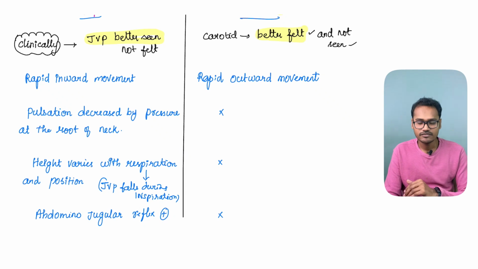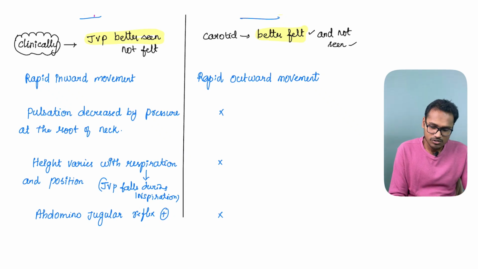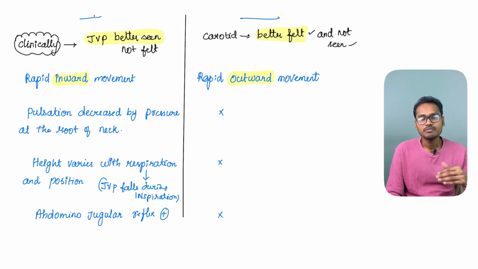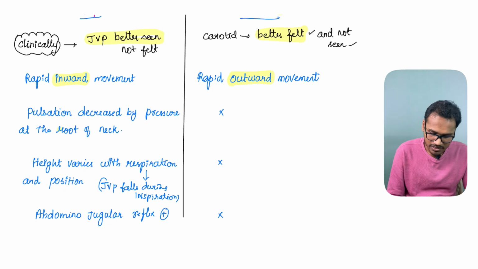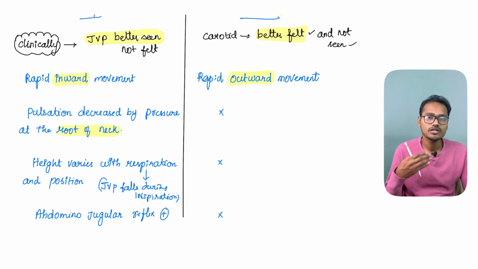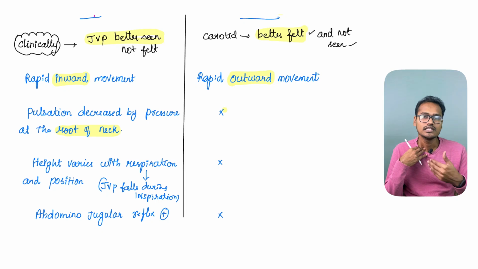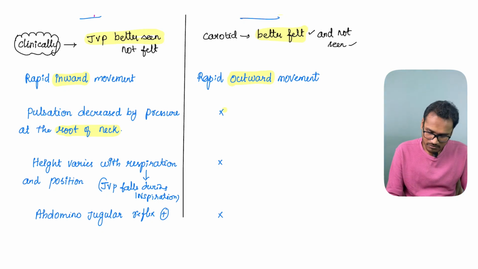And there are some other differences like the JVP shows an inward type of movement, rapid inward movement, whereas the carotid shows outward movement. And the pulsation decreases by pressure at the root of the neck. Suppose if you compress at the root of the neck, the pulsations in the JVP will decrease, whereas it will not happen in case of a carotid.